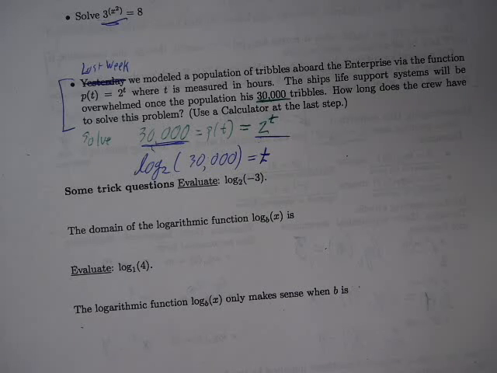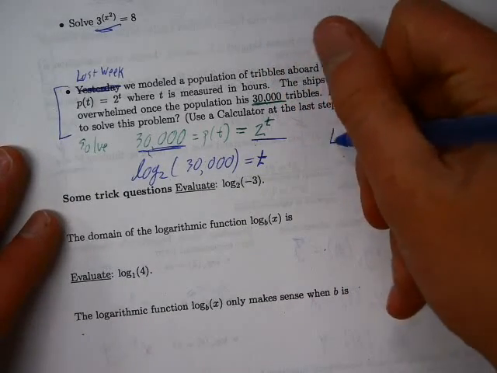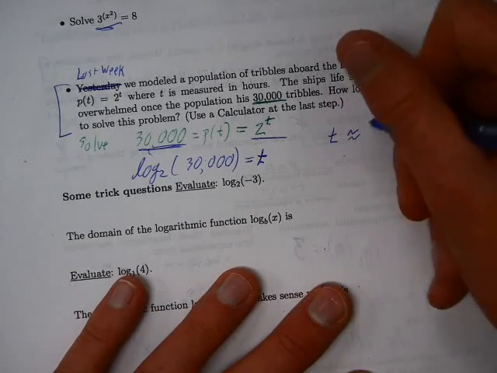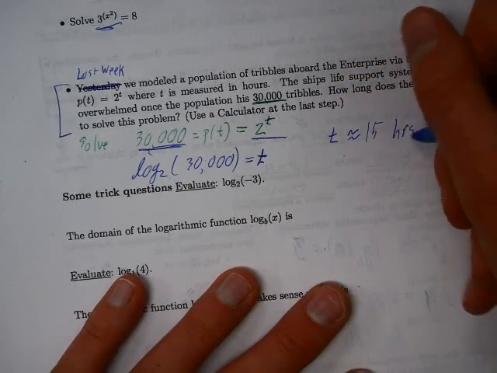Let's try to compute the log base 2 of 30,000. And I know what I already said the decimal approximation is. So t is approximately 15 hours.